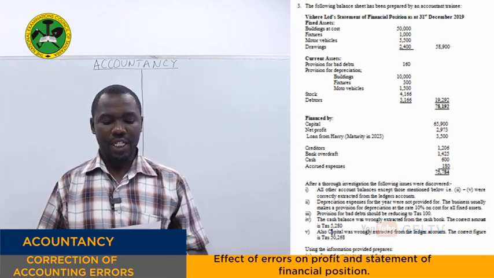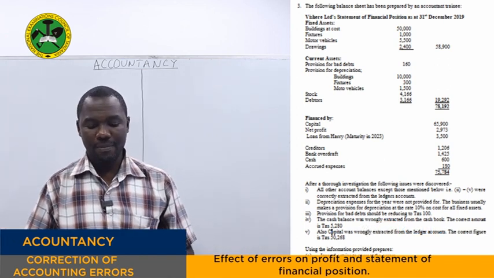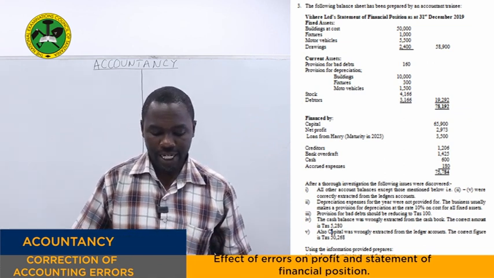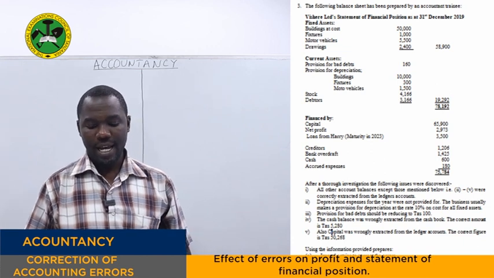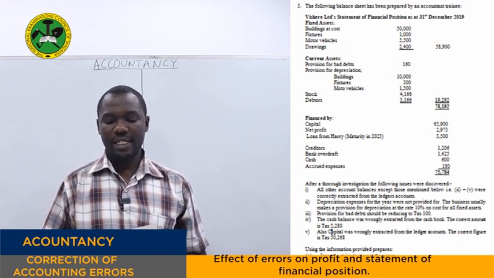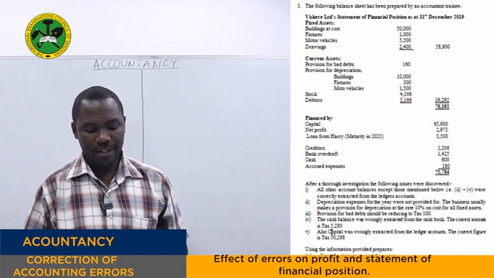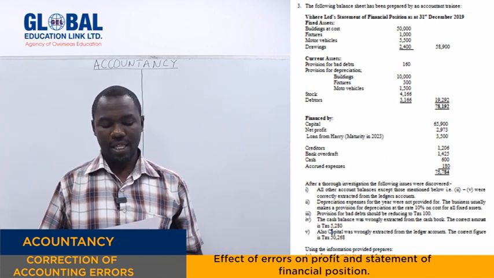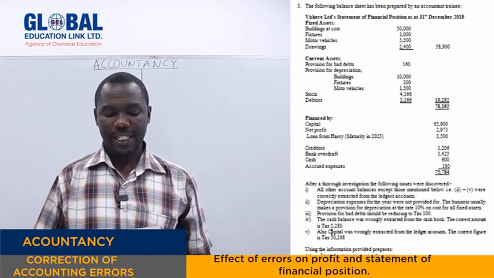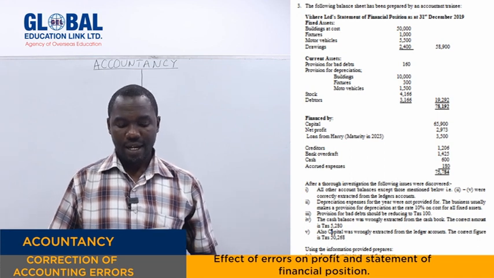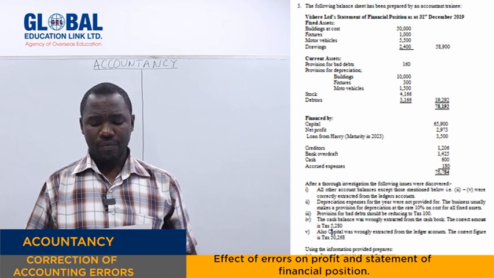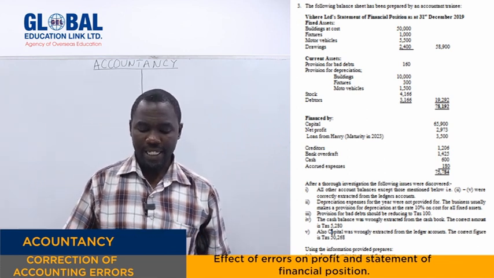The following balance sheet has been prepared by an accountant trainee. It is for Vishere Limited, statement of financial position at 31st December 2019. You are given the fixed assets: building at cost, 50,000; fixtures, 1,000; motor vehicle, 5,500; drawings, 2,400, makes a total of 58,900.